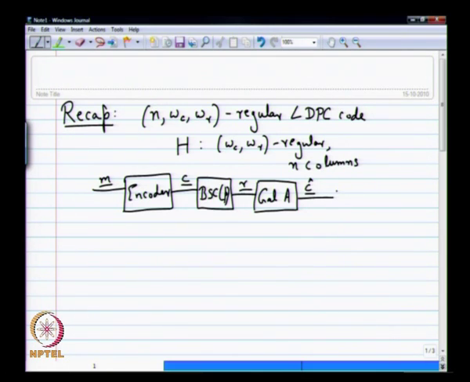This Gallagher A decoding algorithm can be very nicely described using the Tanner graph representation for the parity check matrix. Essentially it's iterative, and in each iteration there are two steps. It is an iterative message passing algorithm.